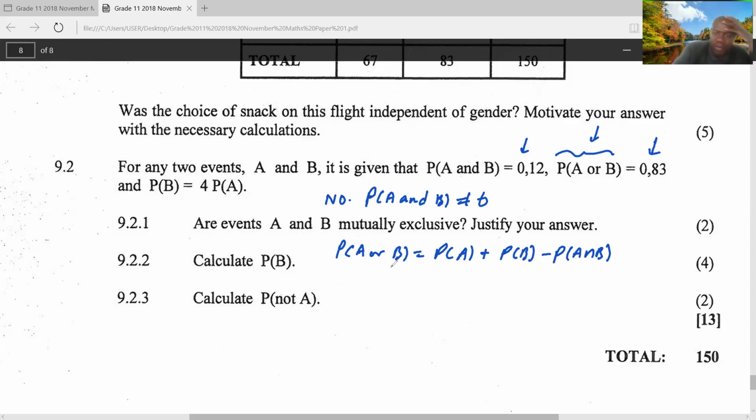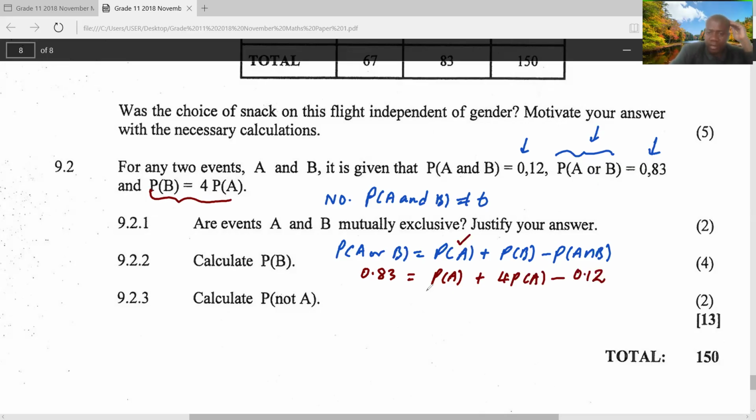The probability of A or B is 0.83. We don't know the probability of A, so let's leave it as probability of A. We are told that the probability of B is 4 times the probability of A, so for B we put 4 times the probability of A. Minus the probability of A and B, which is 0.12.